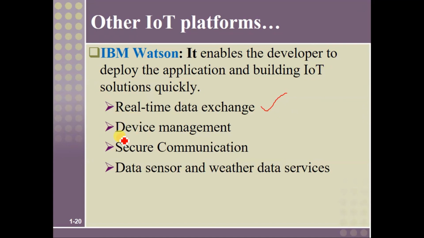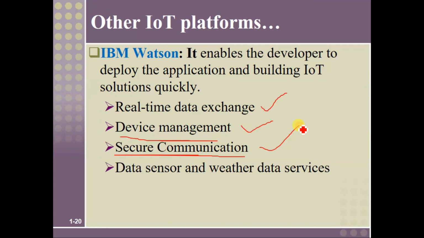It also provides device management, used to manage the devices and ensure secure communication. If we want secure communication for IoT deployment, it is important to use the IBM Watson platform to have secure communication among the devices.